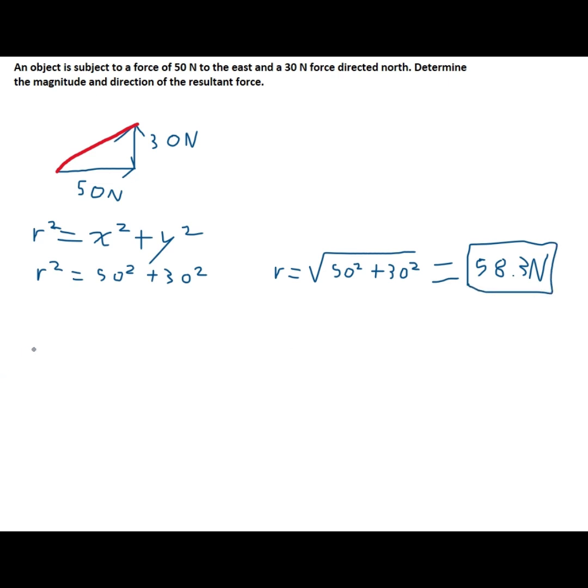Now to find the direction of this force, we can see that this angle here, we can use the tangent to find it. So that'll be the opposite divided by the adjacent here. If you remember SOHCAHTOA, tangent is opposite over adjacent for this angle.